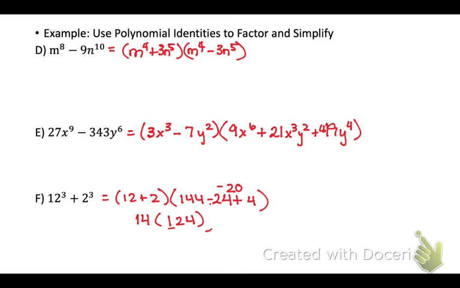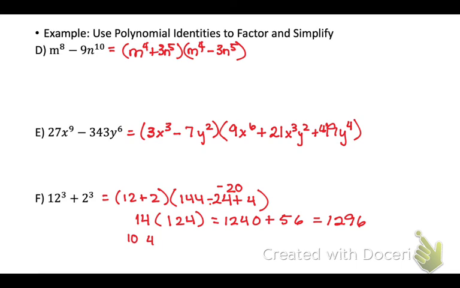And I'm going to do 14 and 10 and 4. How about you guys? So 1240 plus 56 is 1296. That's how I multiply that quick. You just gotta be smart.